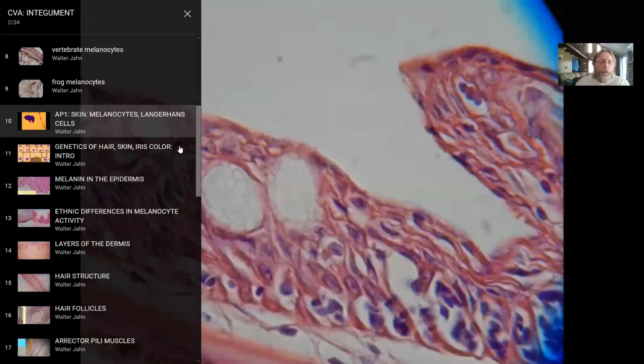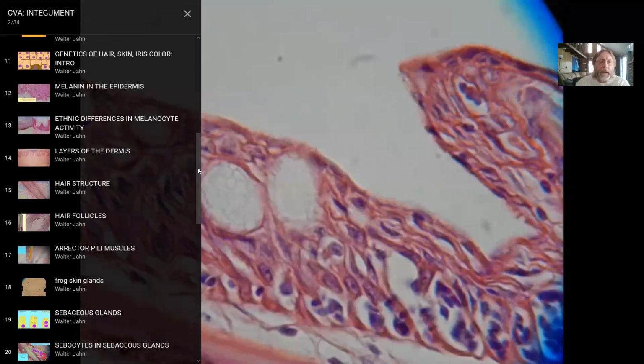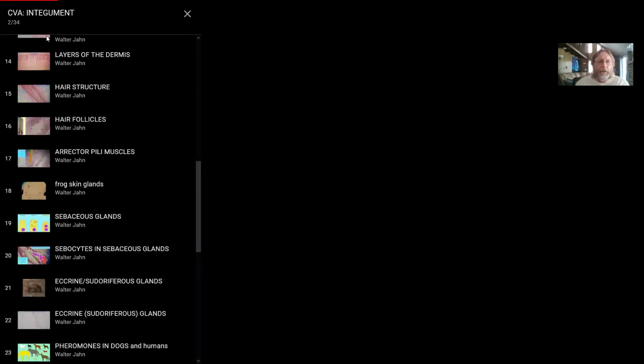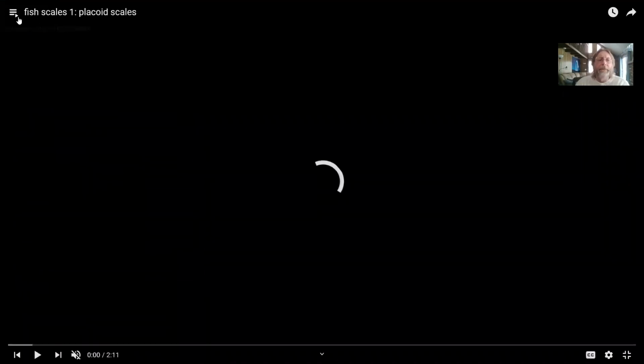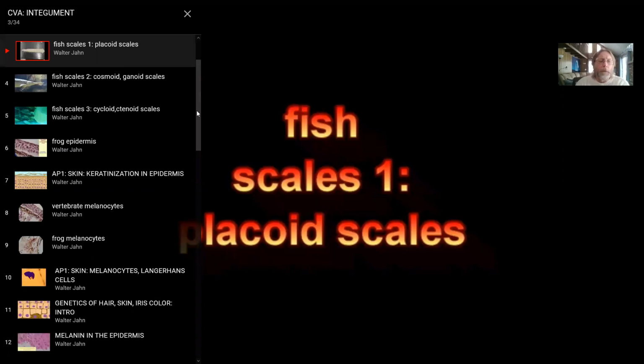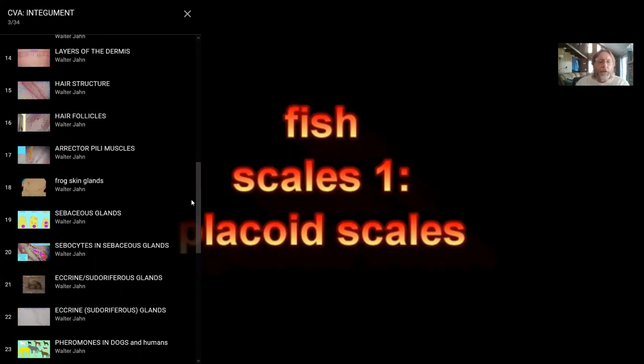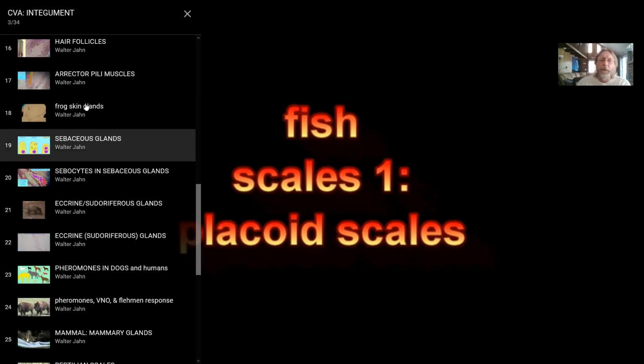If we were then to jump to amphibians, amphibians have more complex glands associated with their integument, as we can see in this frog. In general, a bunch of things.